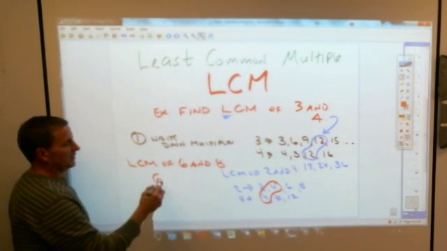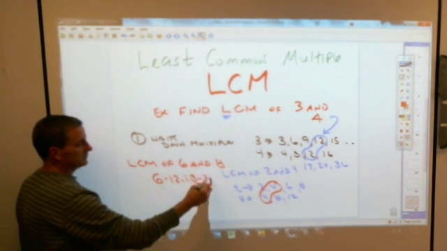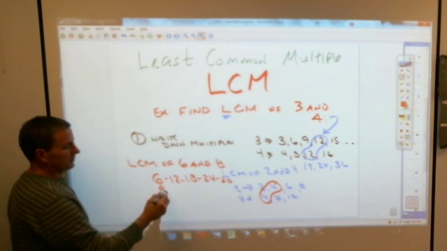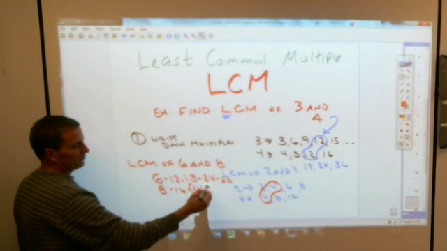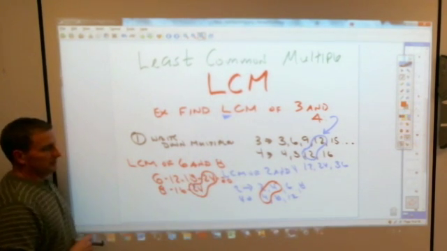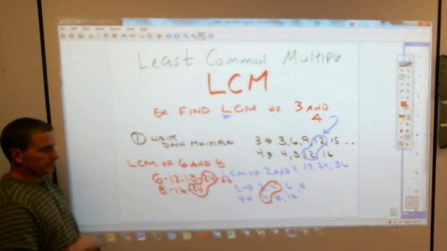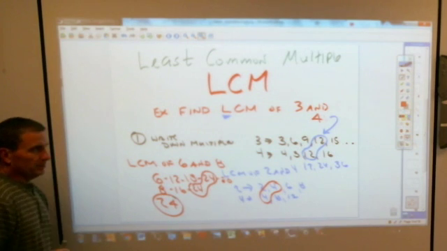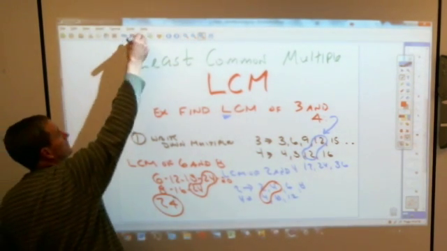Multiples of 6 are 6, 12, 18, 24, 30. Multiples of 8 are 8, 16, 24. You can stop when you find one, because 24 is the smallest one they have in common. 24. Problems with that?